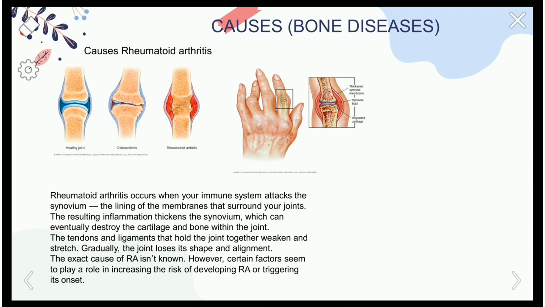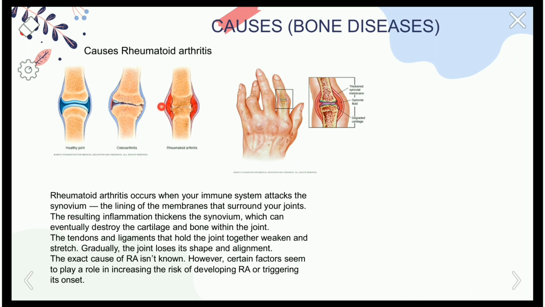Causes for rheumatoid arthritis. Rheumatoid arthritis occurs when your immune system attacks the synovium, which is the lining of the membranes that surround your joints. The resulting inflammation thickens the synovium, which can eventually destroy the cartilage and the bone within the joint.